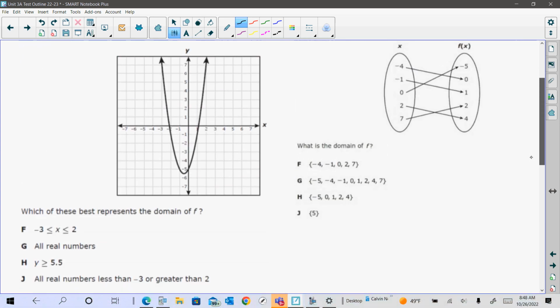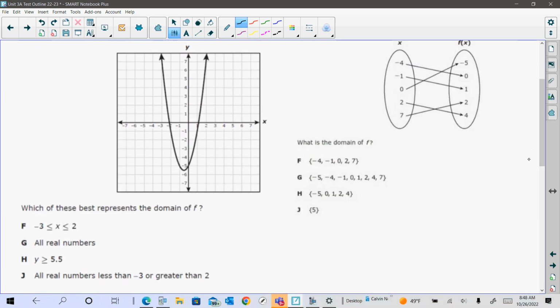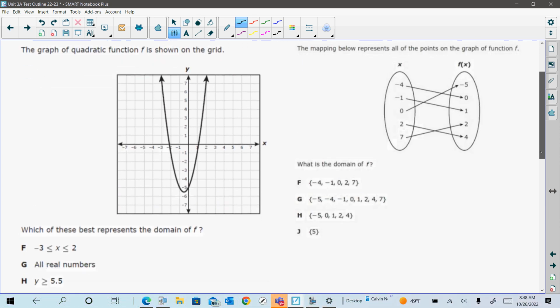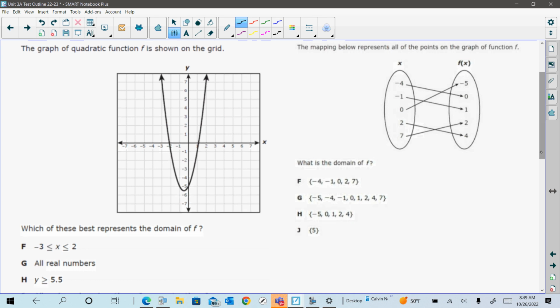Okay, so I want to look at 40 real quick, because I saw a couple of these mistakes, and to me it was a poor test taking strategy. On your EOC questions, the minute I read, it says which of these best represents the domain.